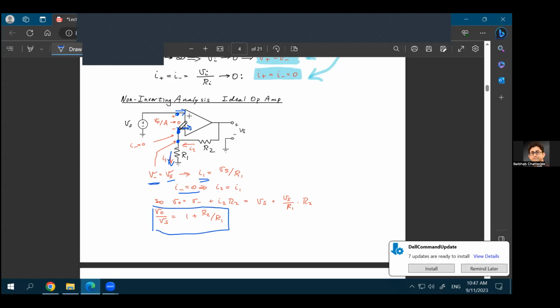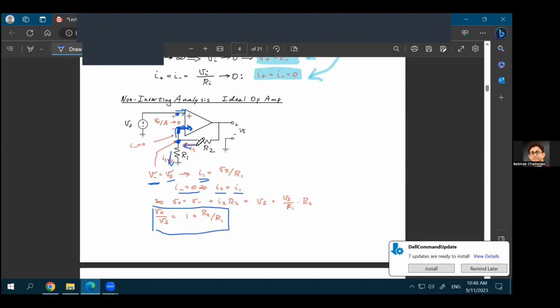You know that I minus is equal to 0, so there is no current going in the op-amp, which will mean that whatever current is flowing through the R2 resistor will be the same current flowing through the R1 resistor. So I2 will be equal to I1. So this current coming in, that gets divided into two parts at this point, but the part that should go in the op-amp is 0 because the op-amp is ideal.